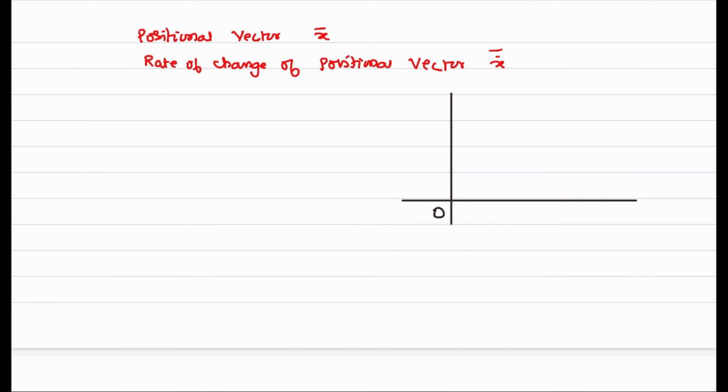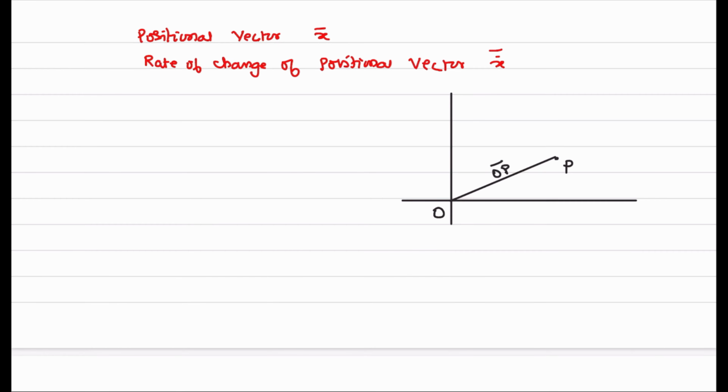If O is the origin and P is a positional vector, this is OP bar.